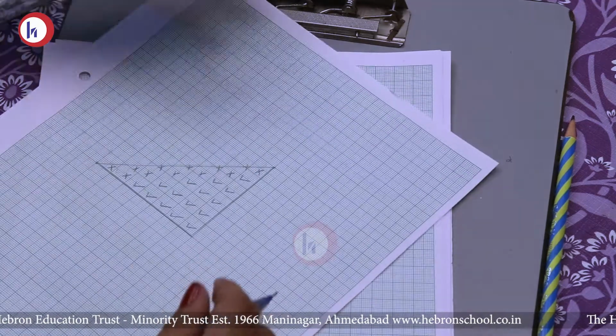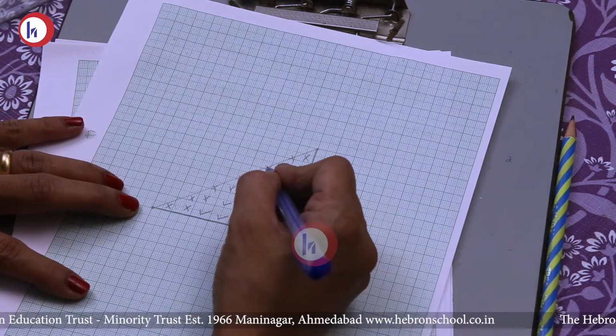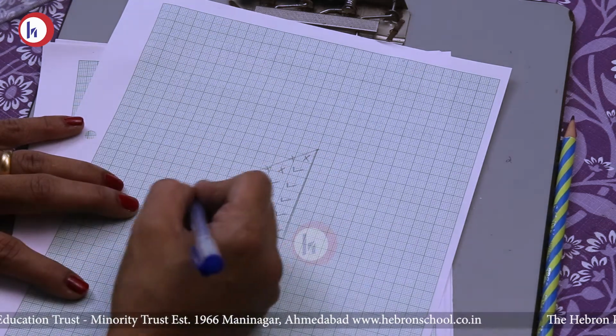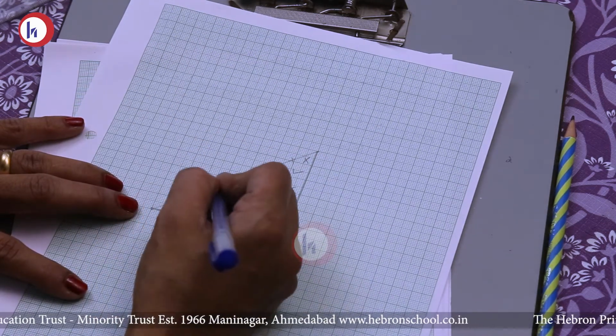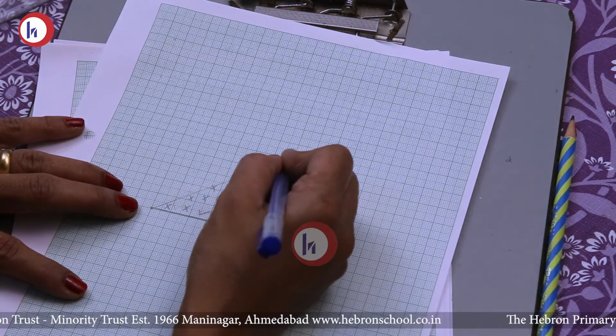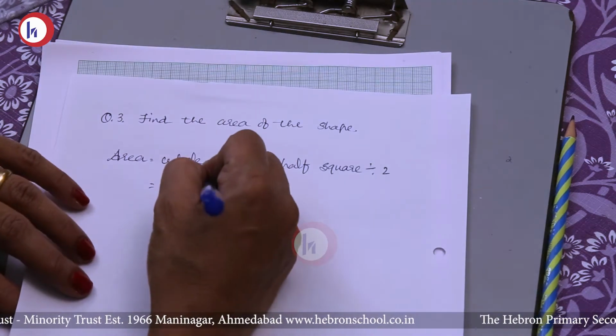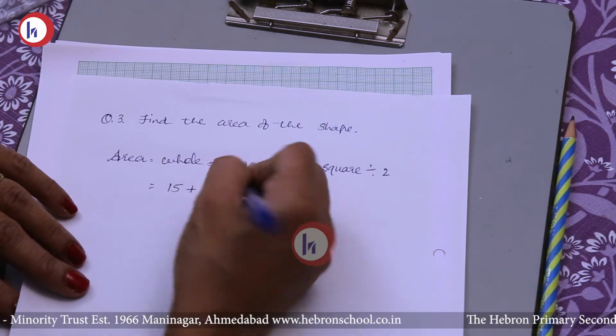Half squares. You have to draw this figure very perfectly, otherwise you cannot find the tiny half squares. Okay, 1, 2, 3, 4, 5, 6, 7, 8, 9, 10, 11 and 12. Here these two are small halves. 12 divided by 2.